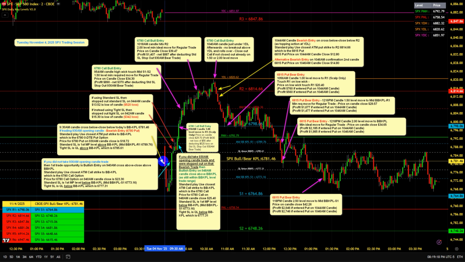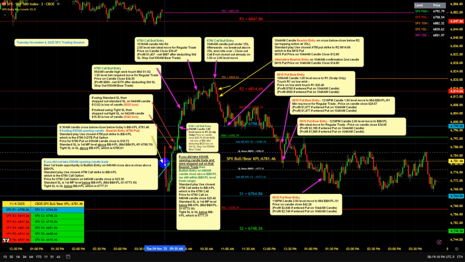Why is this a bearish entry signal? Because if you're taking a 9:30 a.m. opening candle trade, the candle is closing below the bull bear key price level. It doesn't matter as much that it crossed below and then closed below, which is what happened in this case.